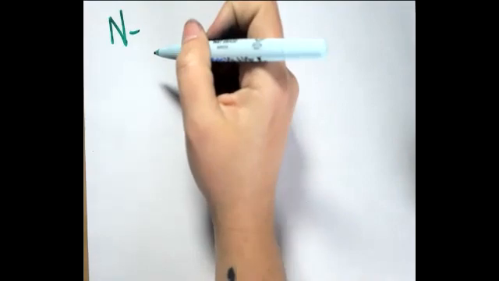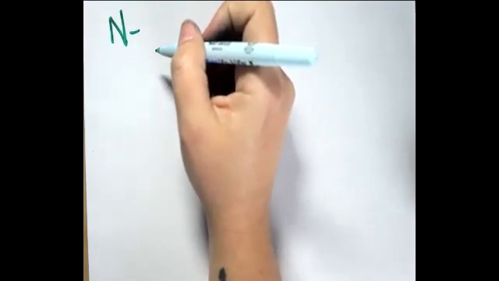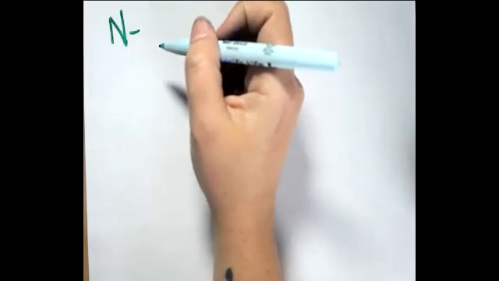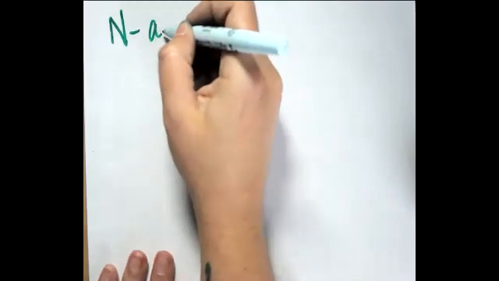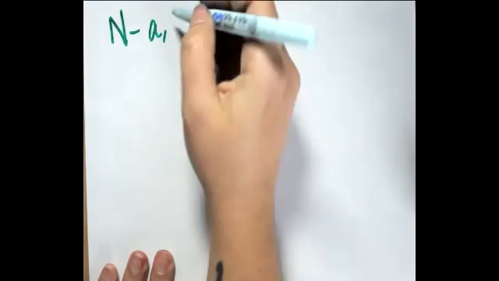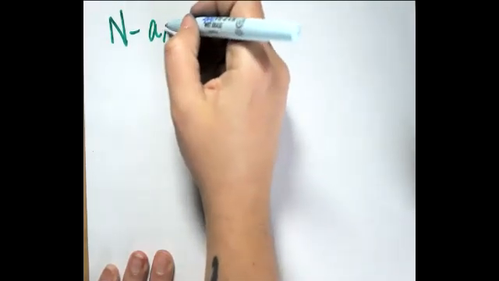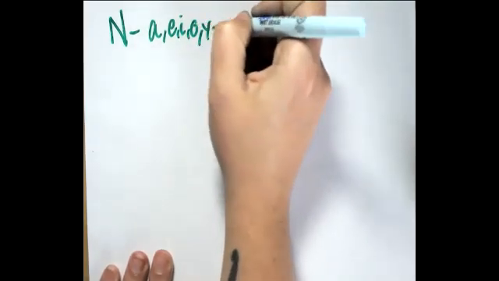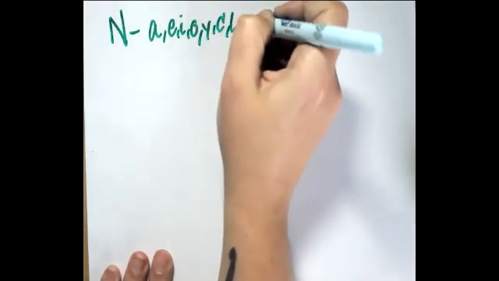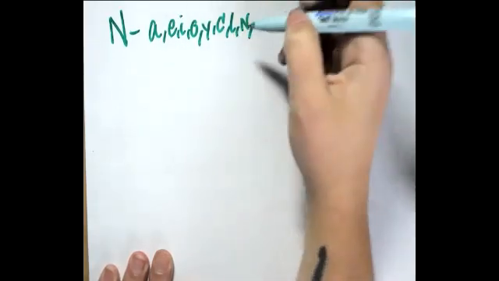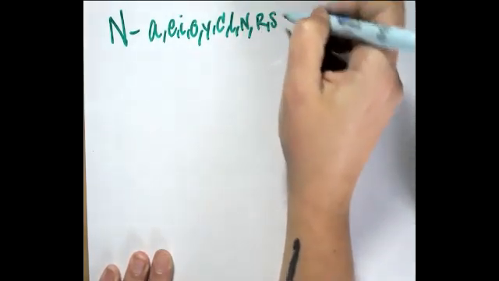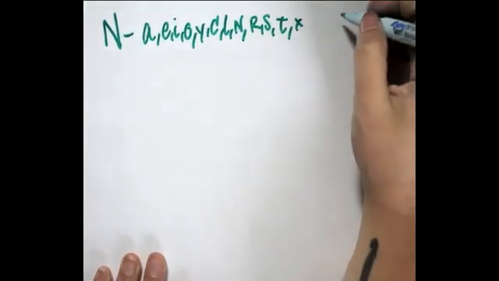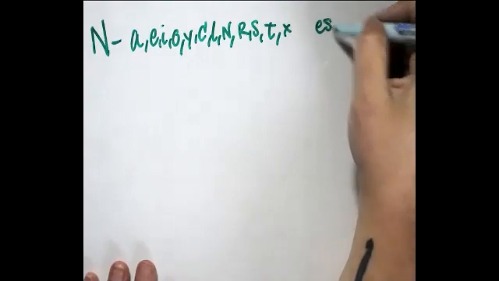That long laundry list of endings that could be in the nominative singular: A, E, I, O, Y, C, L, N, R, S, T, X. And then in the plural, if it's masculine or feminine, ES.